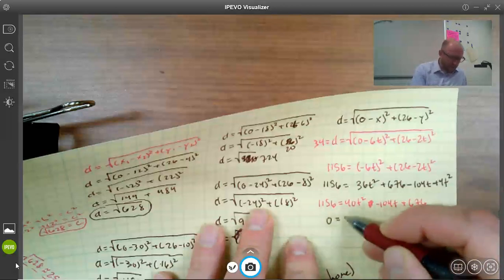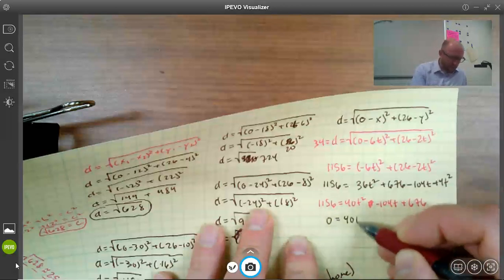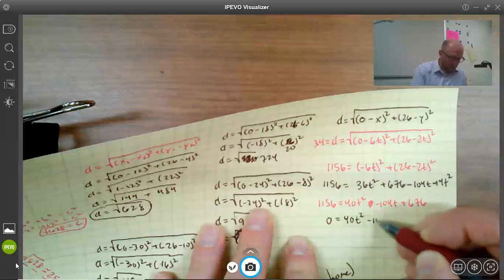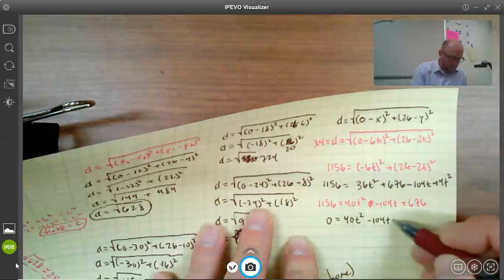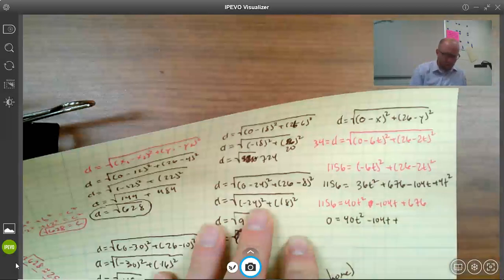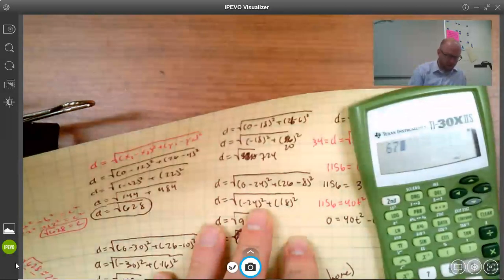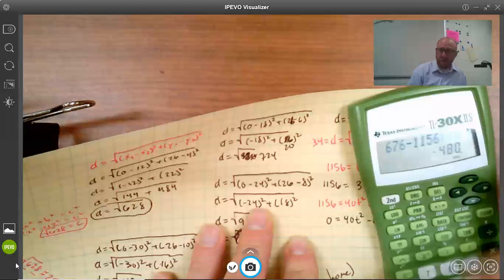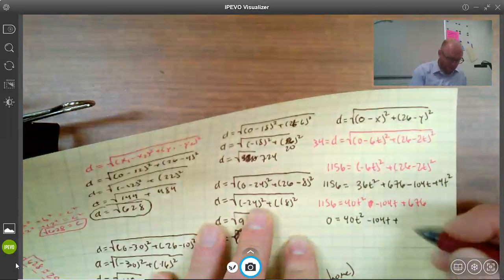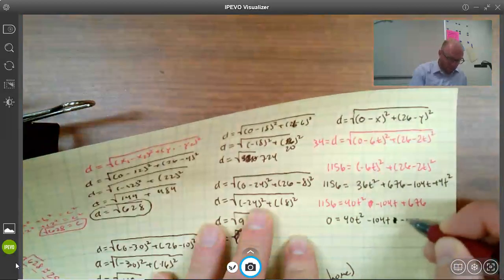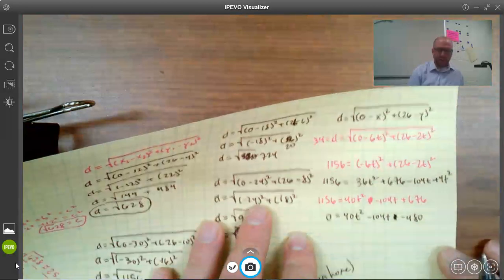I get 0 equals 40t squared minus 104t plus, so we have 676 minus 1156 gives us negative 480. Okay. Oh, that should be negative 480.